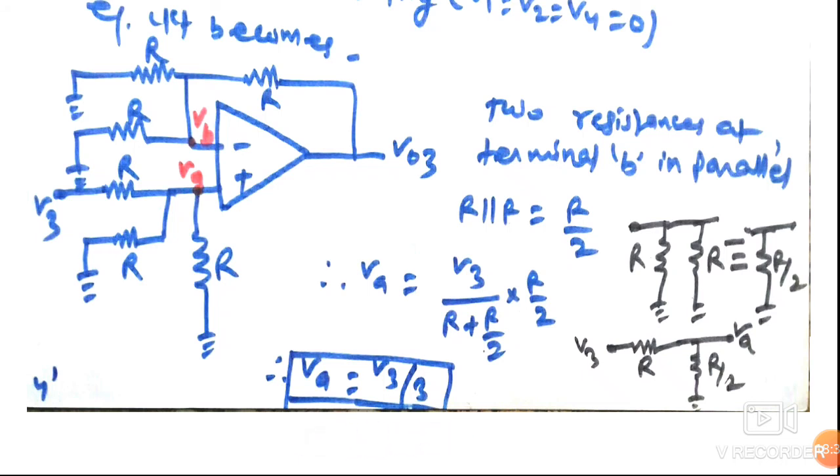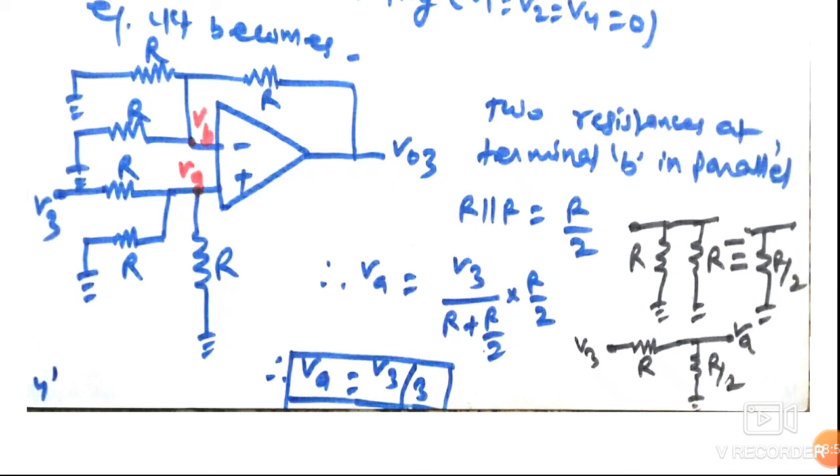Since VB is equal to VA, this potential will also be equal to this potential. So VB is equal to VA equal to V3 upon 3.